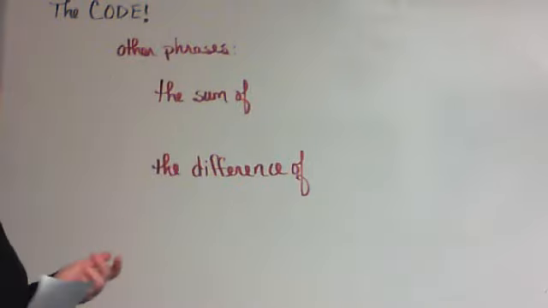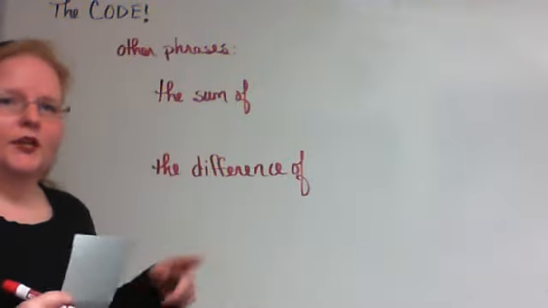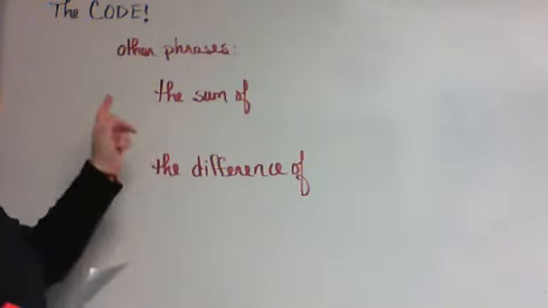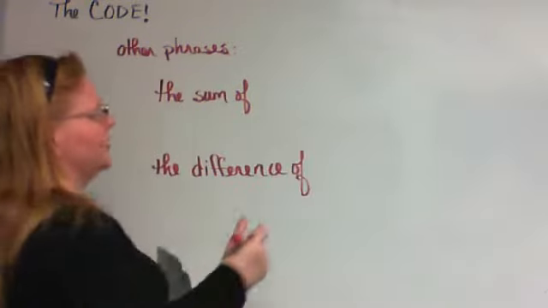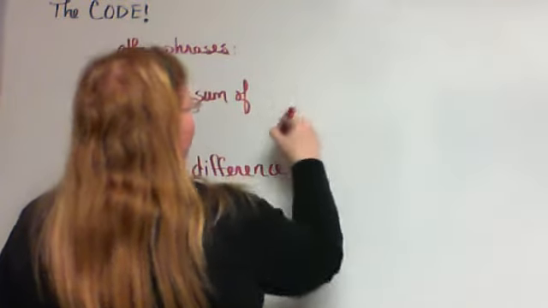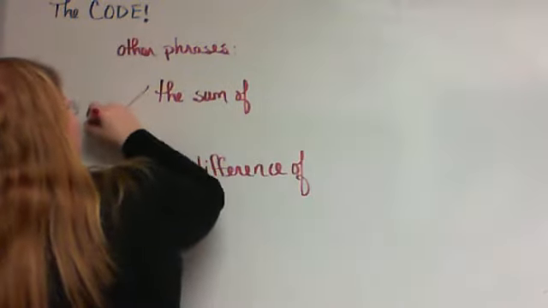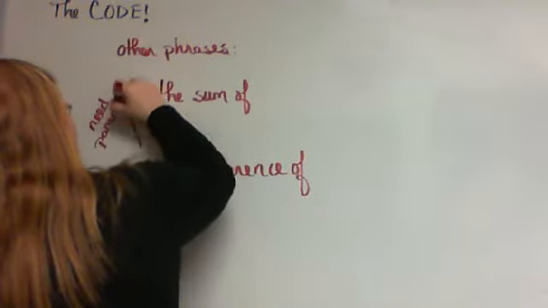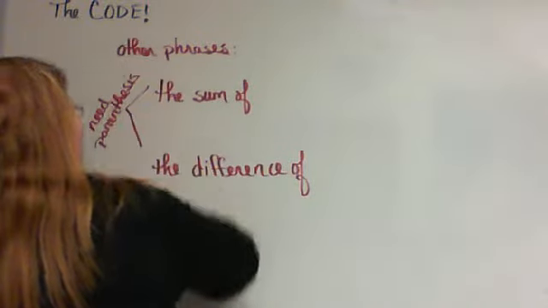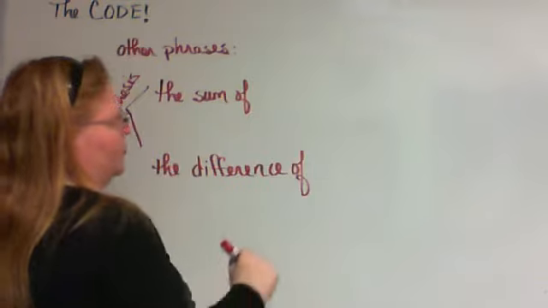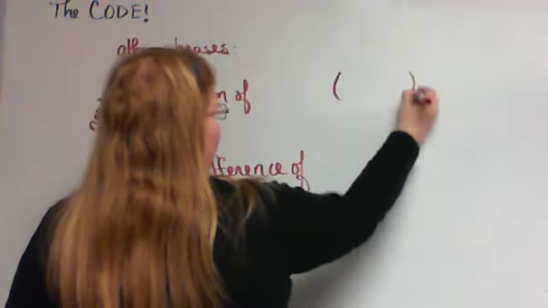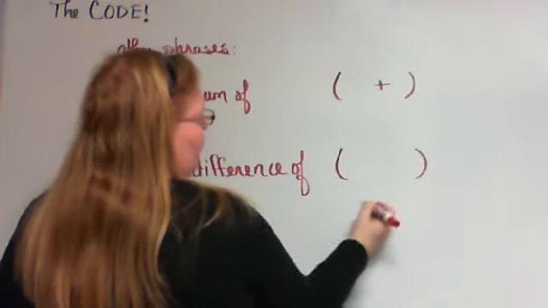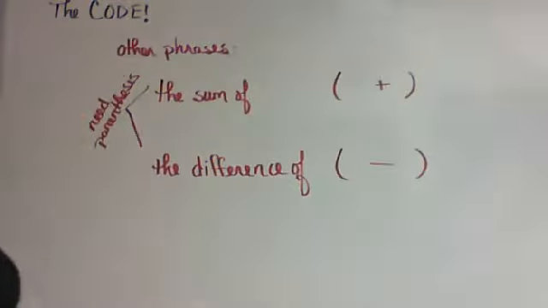Now we just had one that said the quotient of, and we didn't have any parentheses in that one, but that's also not in my list. When they use the sum of, that means you're going to need parentheses. And the difference of means you're going to need parentheses. So for the sum of, we would write some parentheses, and there'll be a plus in between them. And for the difference of, we have to put in some parentheses with a minus in between them.